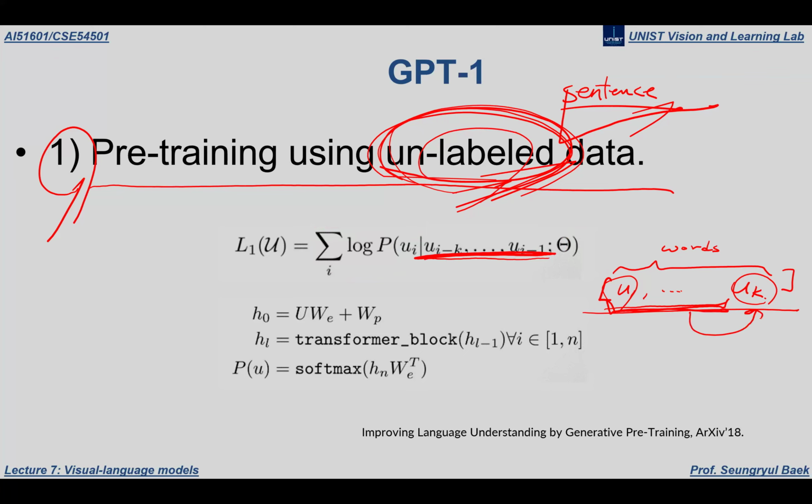This does not require any semantic label; you can obtain this information naturally from the sentence. So they collect a lot of sentences and pre-train their network in an unlabeled way to predict the next word given the previous words.